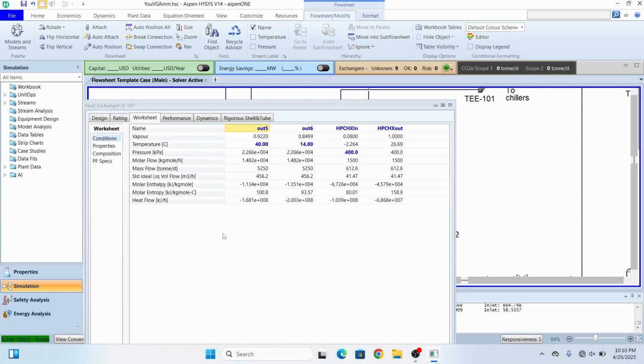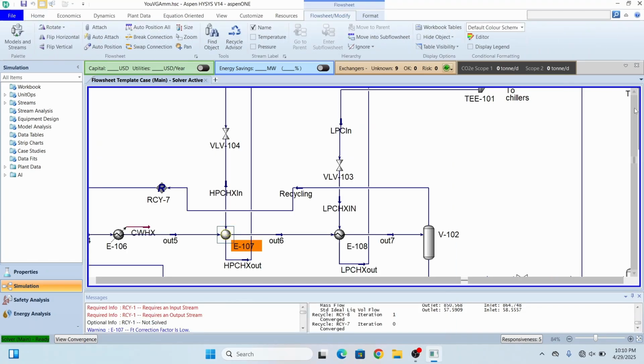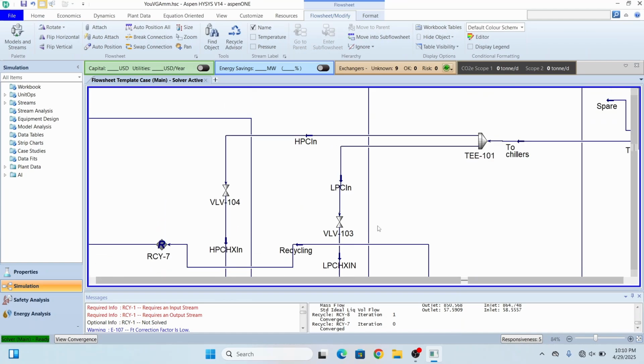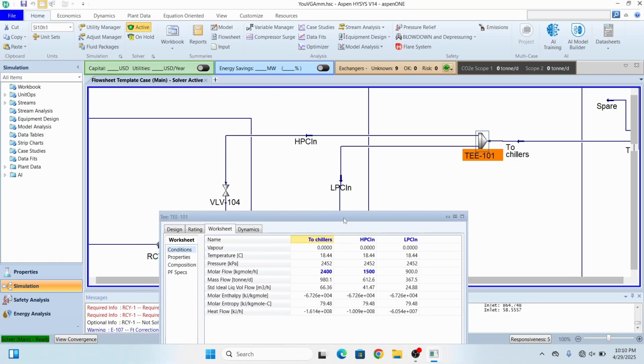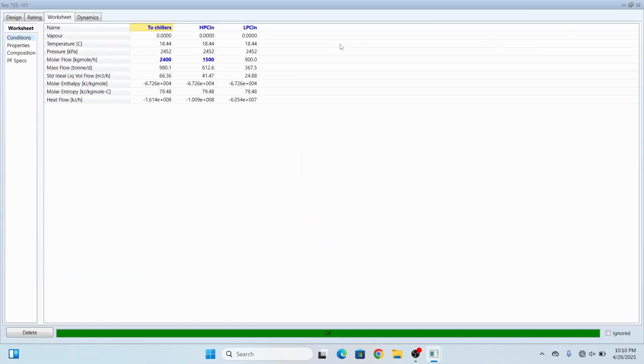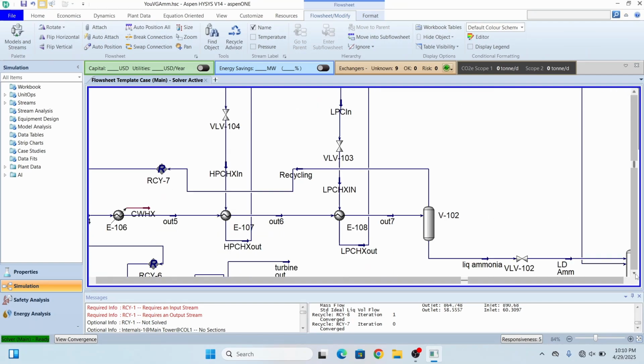So double click on it and see that. Go here, and from here you can increase the flow rate to this heat exchanger. Now you can see that it has been converged.